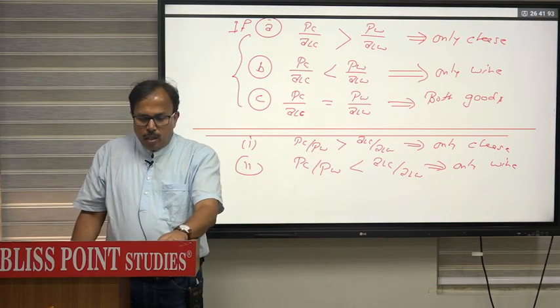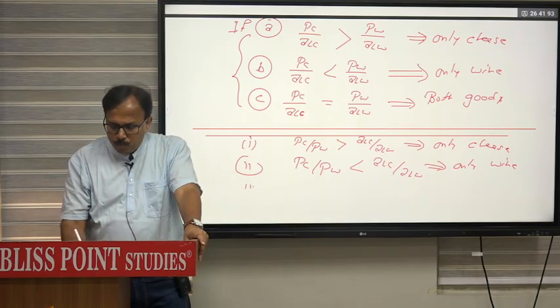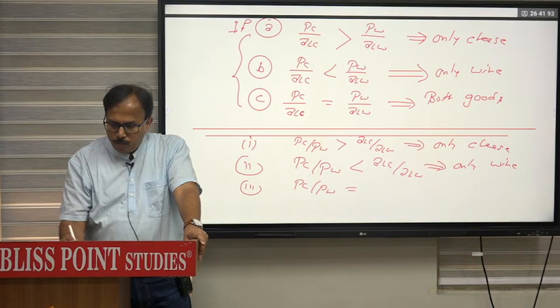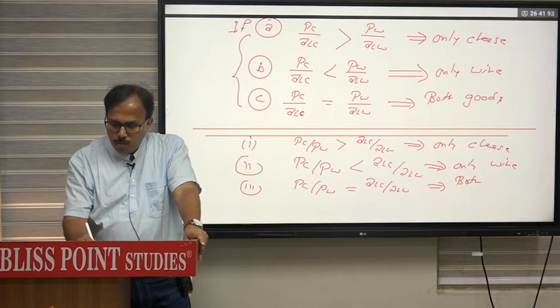So if PC upon PW is equal to ALC upon ALW, in that case country will produce or can produce both goods.